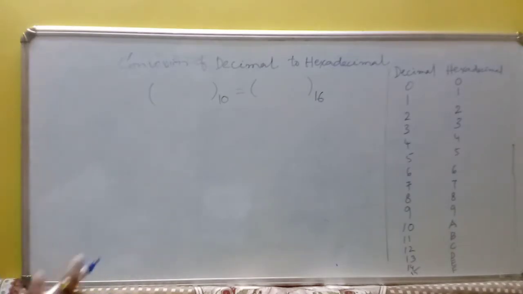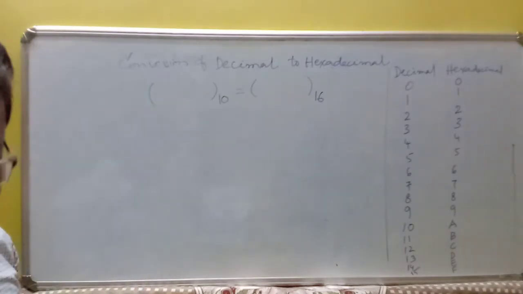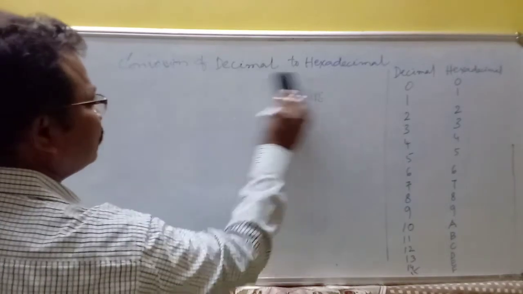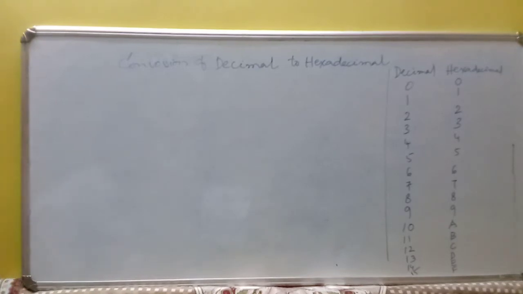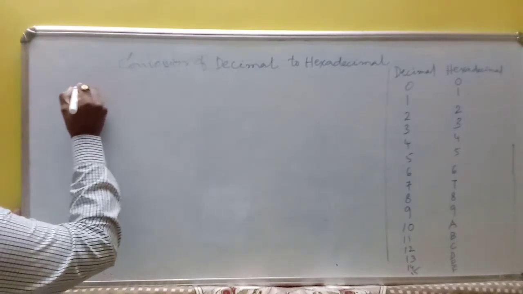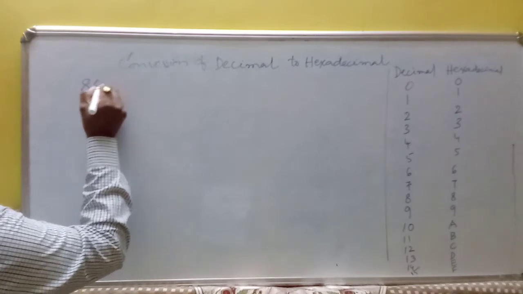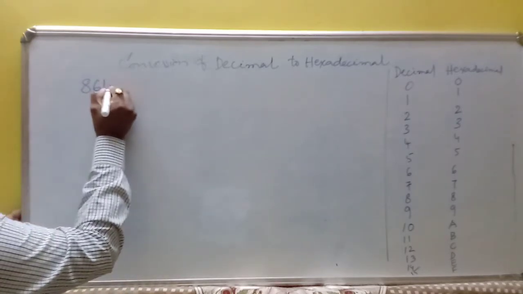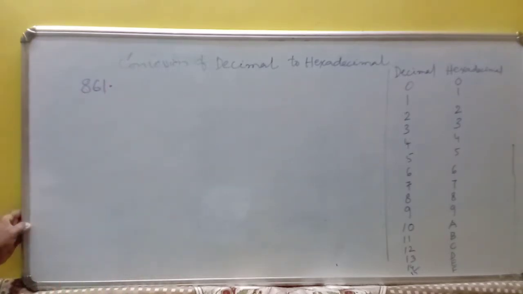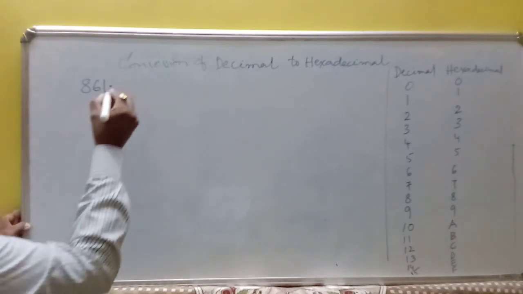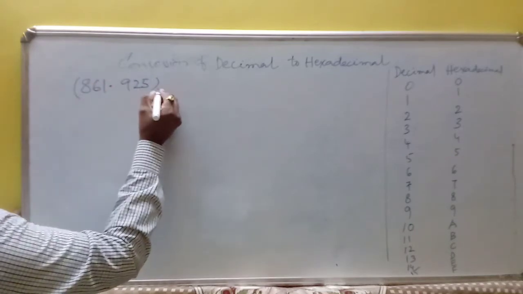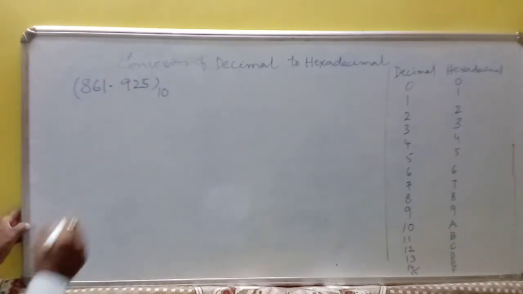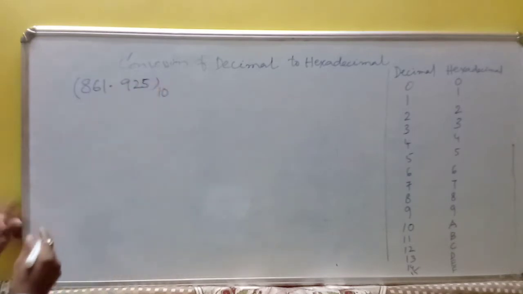Let us take a number 861.925. This is the decimal number, 861.925.